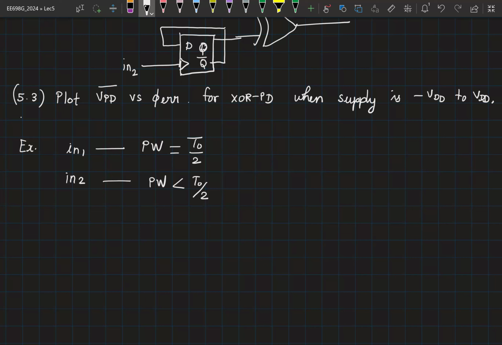Can you figure out how your VPD average versus phi error plot is going to change? So the steps to do are similar. You start with a waveform for in1, a waveform for in2, where the pulse width is smaller than 50%, duty cycle is smaller than 50%, sketch VPD, and then see how the shape is expected to change. A qualitative answer is sufficient.